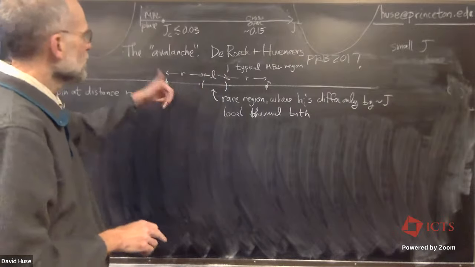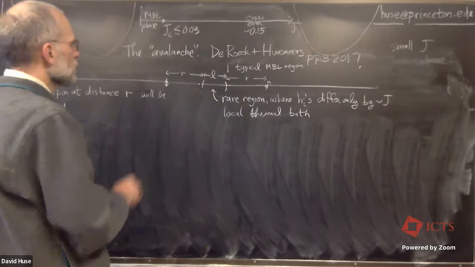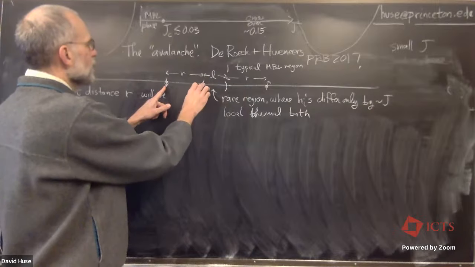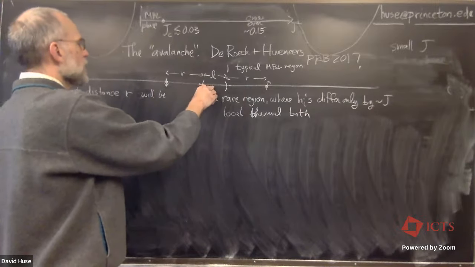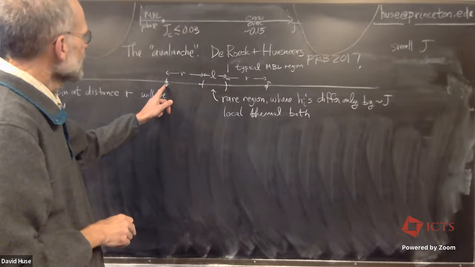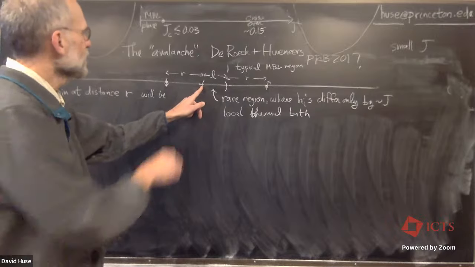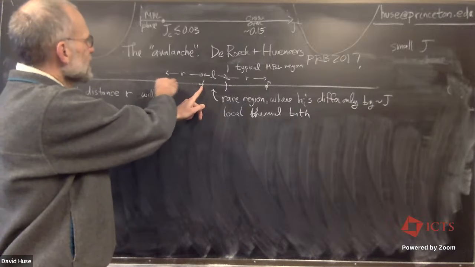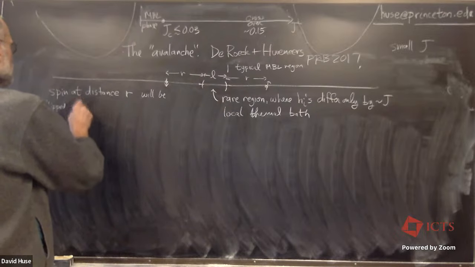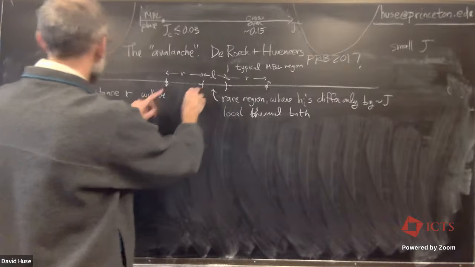Of course, it might do some virtual flips, but it'll stay down almost all the time. And then we turn on this coupling here, and now this bath might be able to relax it. So clearly, this is being relaxed by this bond here, and that's a high order process, and so we expect it to happen at a rate that's exponentially small in the distance.